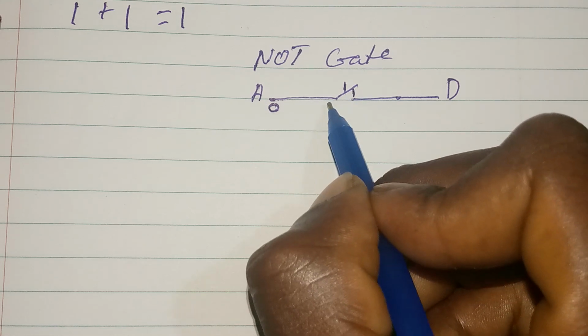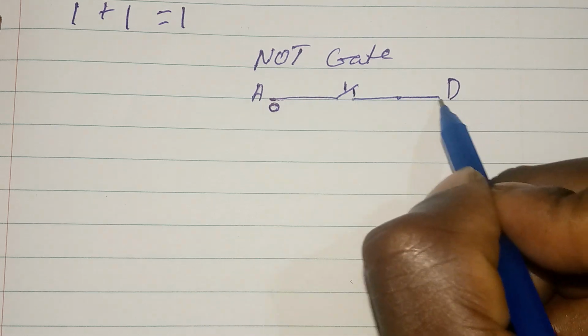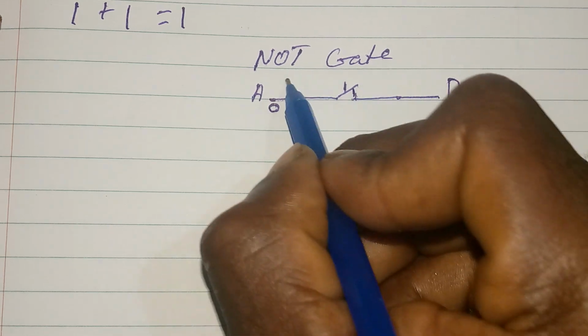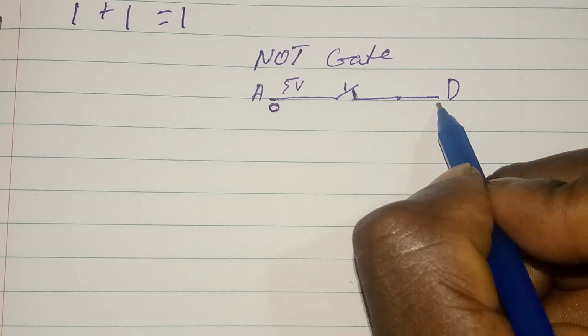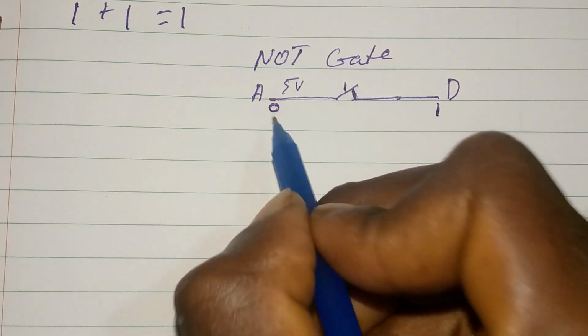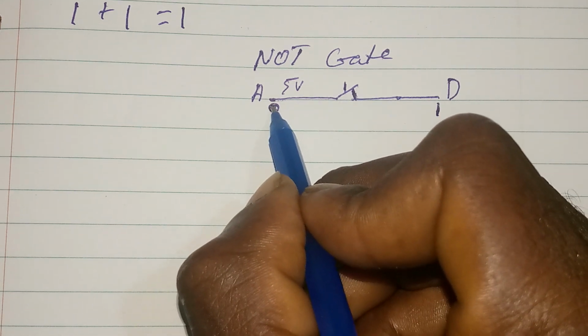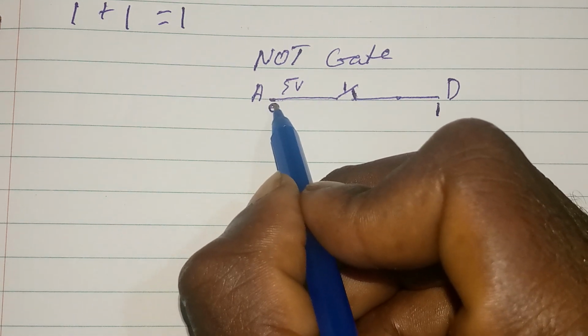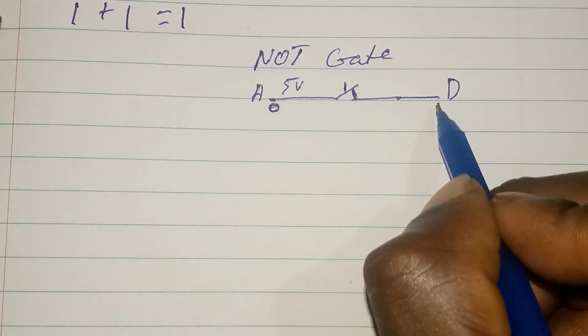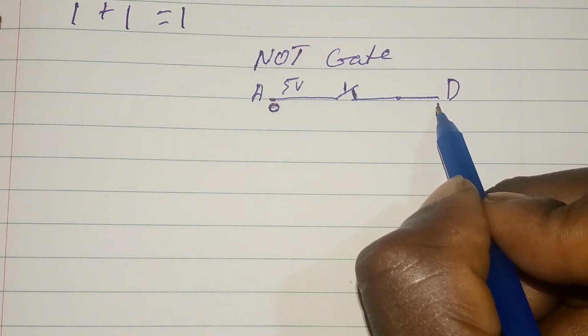So now the voltage is still passing through because the switch definitely is closed. So here is going to be 1 and here is going to be 0. So the input is definitely the inverse of the output.